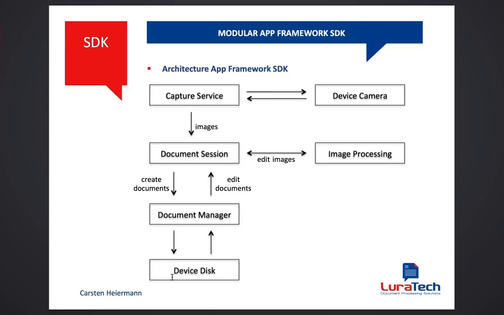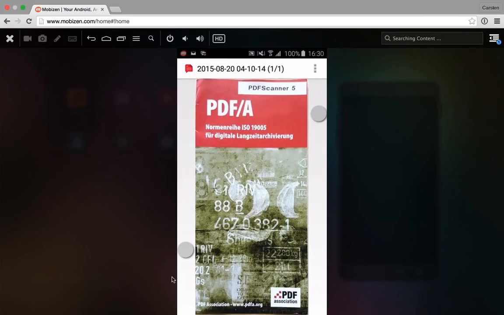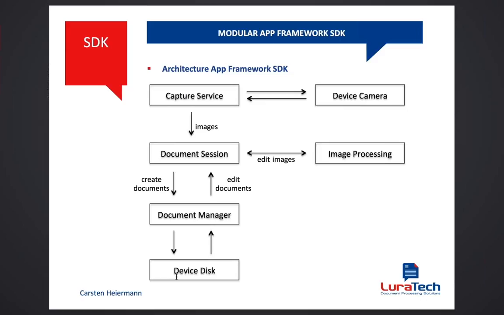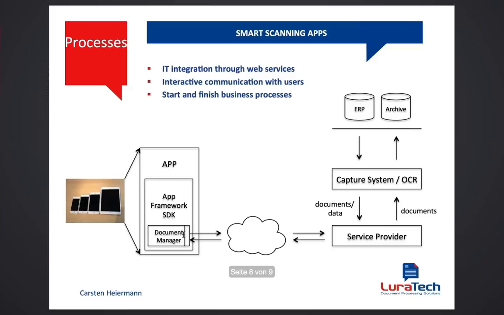Your standard OCR and capture systems communicate with the archive, communicate with your ERP, make plausibility checks, understand what it is, classify that, and now it gets real smart because all of a sudden the service provider could deliver back the recognized data, say. And through the cloud, the recognized data can be presented in the app.